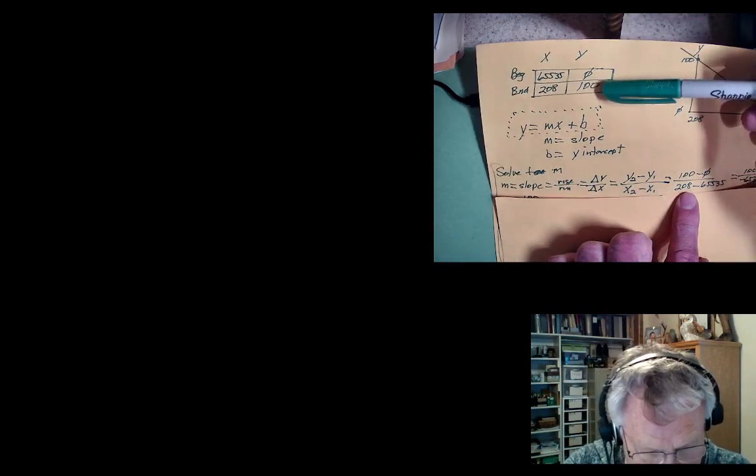I can say 100, which is y2, minus 0, so I've written that 0 there, and x2, which is 208, minus my x1, which is 65535, and of course 100 minus 0 is 100. 208 minus 65535 is actually a minus 65327.